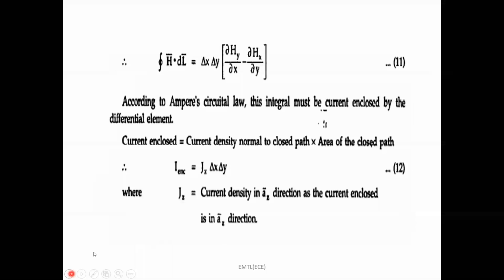on both sides, here we have the integral of H bar dot dl.